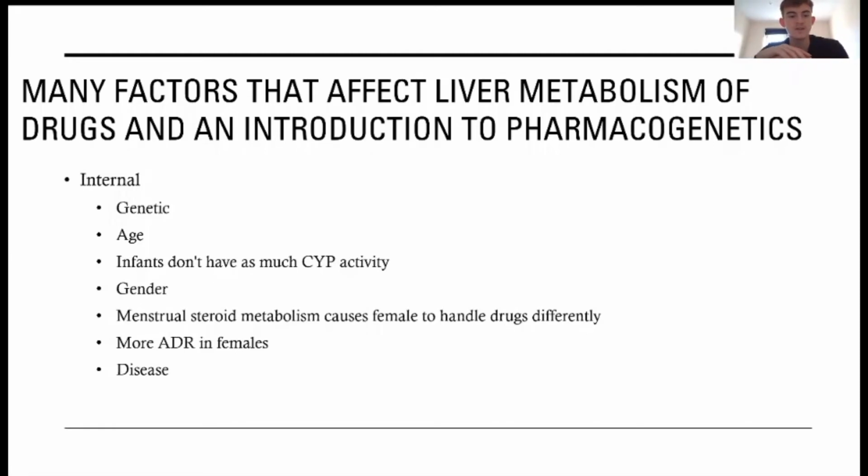Also gender: menstrual steroid metabolism causes females to handle drugs differently, and we get more ADRs in females. And also your disease state: if you've got liver failure, obviously drugs will have an overdone effect on you.